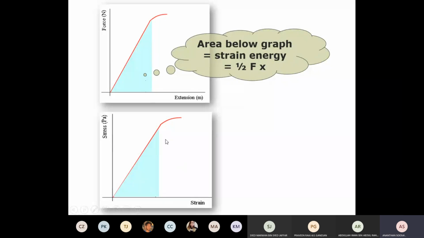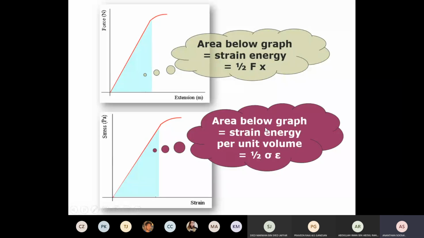Stress versus strain, the area under the graph, what does it represent? Anyone? For stress versus strain, the area under the graph represents what? What is the unit you get? Stress is in pascal, strain has no unit, so you get pascal also. But they said the area below the graph is also strain energy per unit volume.